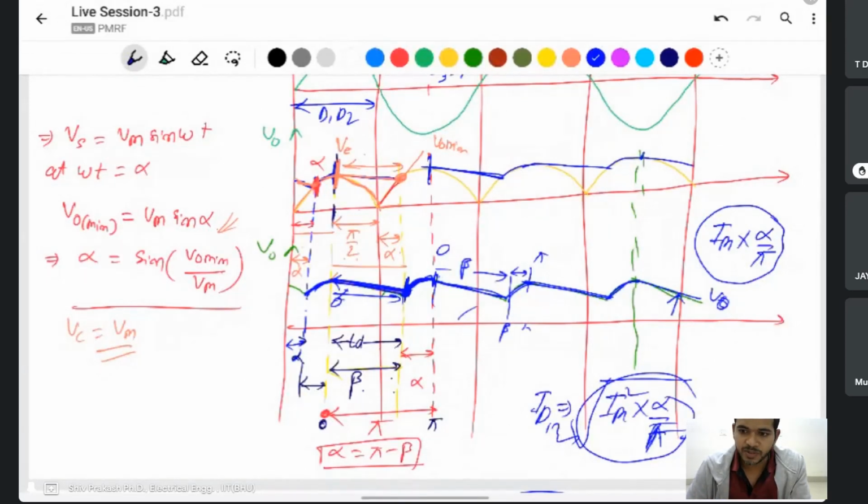This was not a pure sinusoidal. You can't say it is sinusoidal, never, because the charging current of the capacitor is not the same. It's a kind of peak waveform, sir. Only at alpha this one can peak. That's why Im is given and we simply calculate like that.